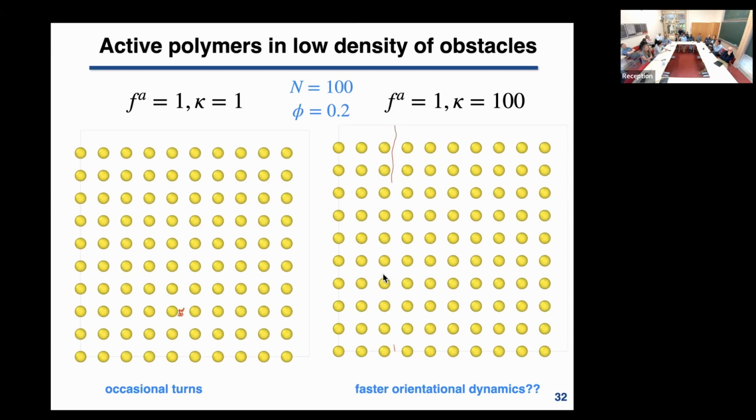Generally a stiff chain goes faster because of the active force rule we have: the active force is proportional to the total active force, and if I have a stiff chain, the end-to-end vector is bigger, so overall it goes faster. But what you say is true for a higher packing fraction. I'll show you in a minute.